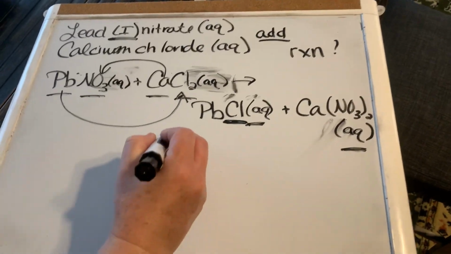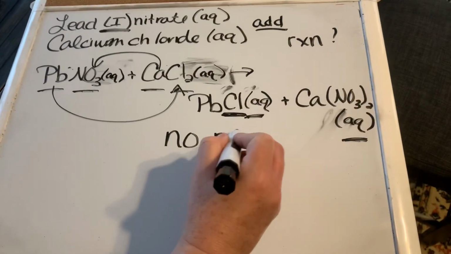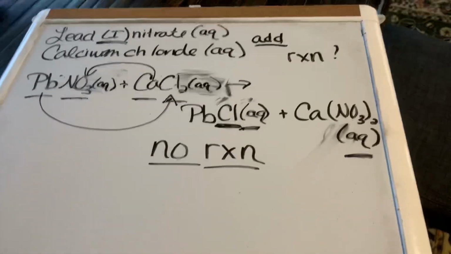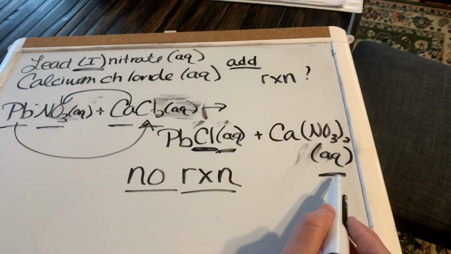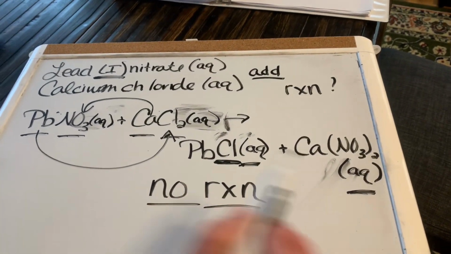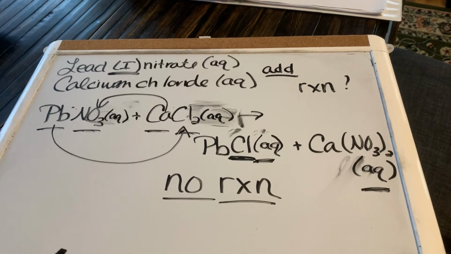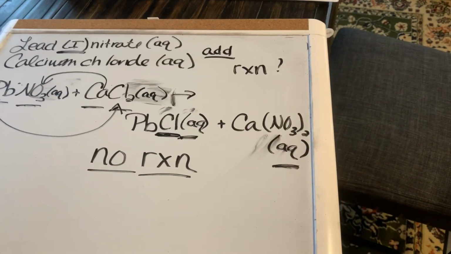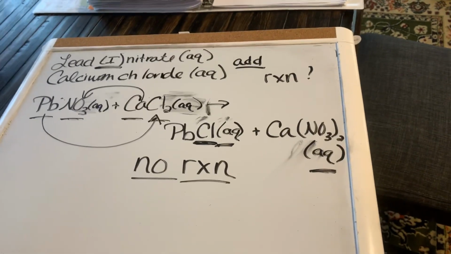So guess what? We just did all that work for this. Because this is aqueous and that's aqueous, which means you're not seeing any reaction. Okay, so let's try one more where there is a reaction.